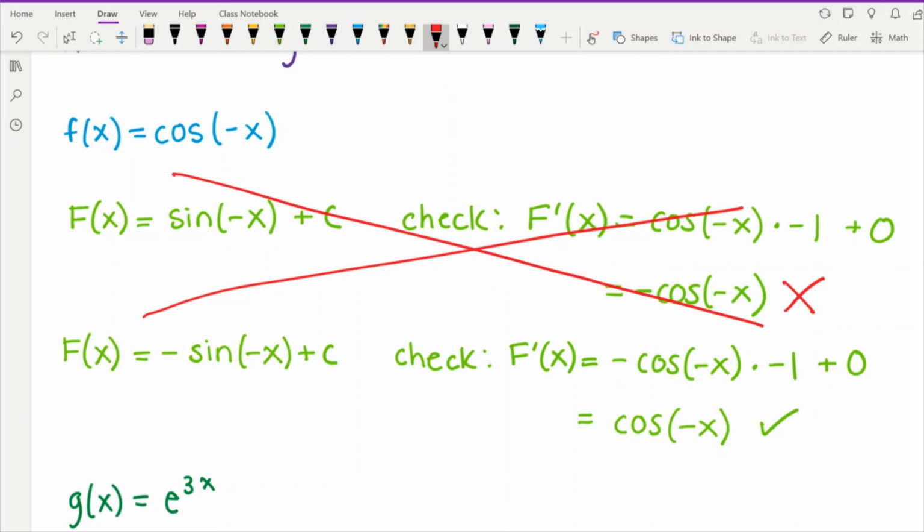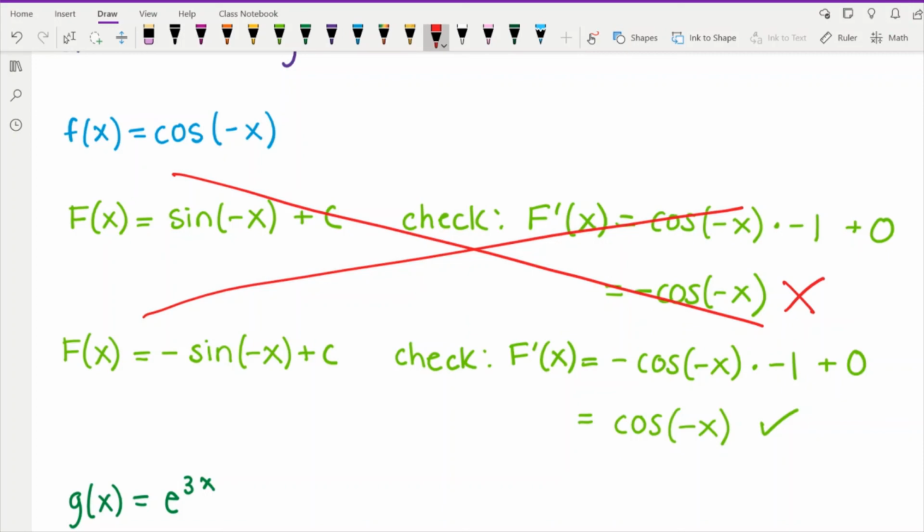So this might not be the most satisfying method to you. You're like, well, how do you guess? How are you coming up with these guesses? Further on in the quarter, we will learn a concrete method that will allow you to do this without guess and check. But I just think it's really valuable to be comfortable playing around. As I said earlier in the video, one of the best things you can do to really understand Calculus 2 is find antiderivatives and then check them.